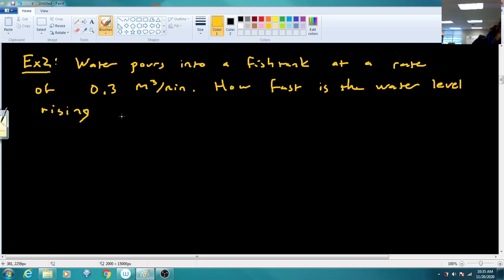How fast is the water level rising if the base of the rectangle is 2 by 3 meters?